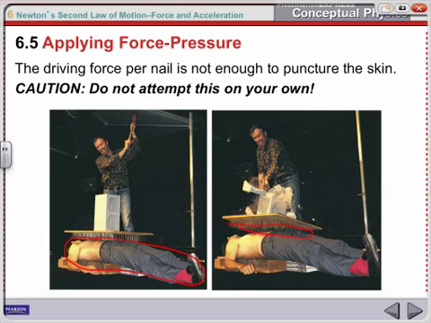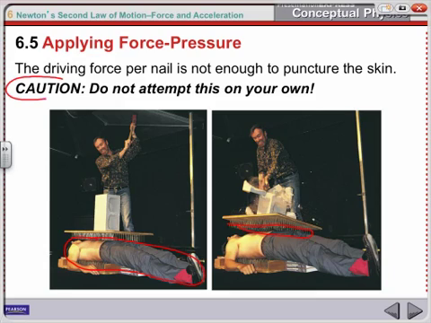I can't remember how many they put in there, but there's a lot. All of that pressure is divided up between each of those nails. Now, you do the same thing with one nail, and that thing's going right through him. Or even probably 5 or 10 nails is going right through him. But you do it with 1,000 nails, and this whole thing is split up. The pressure is not all in one area.